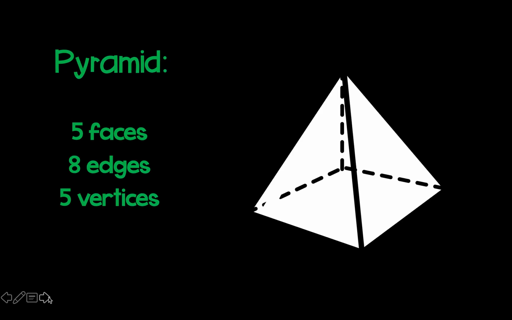This is a pyramid. A pyramid has 5 faces, 8 edges, and 5 vertices. Let's carefully count them together. Okay, face number 1 in the front, 2 right here, 3 in the back, 4 right here on this side, and then on the bottom is 5. So those are the 5 faces, and it has 8 edges.